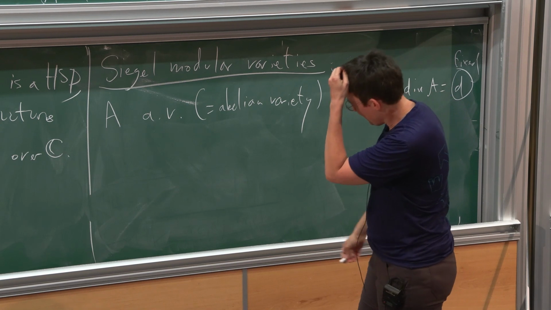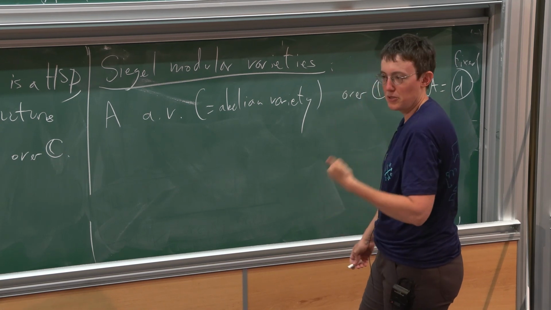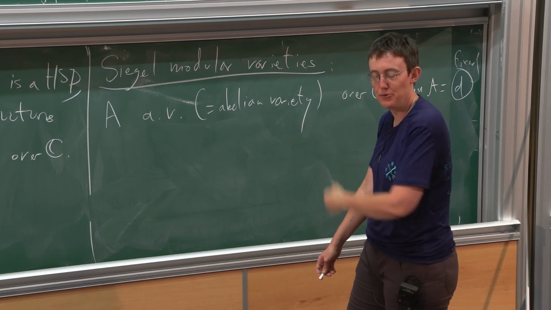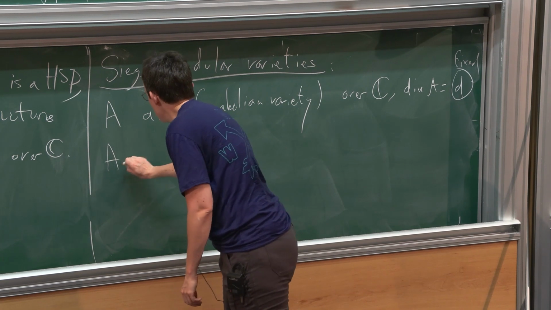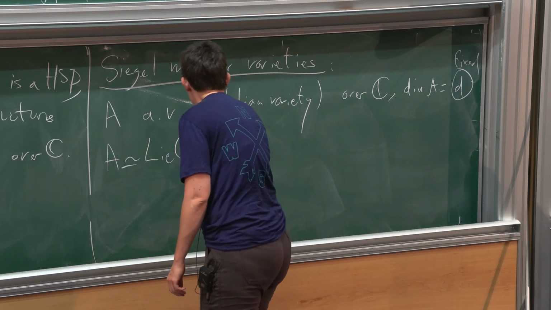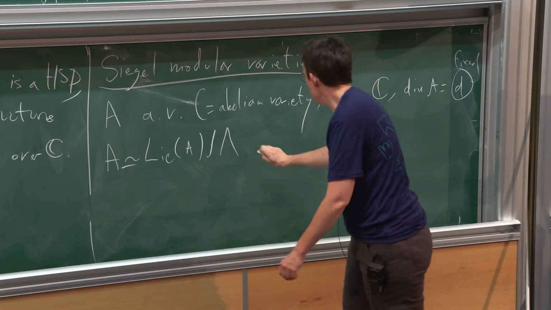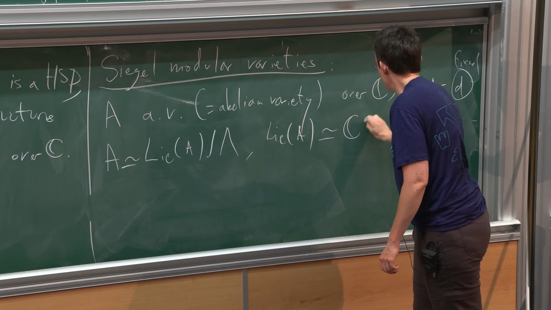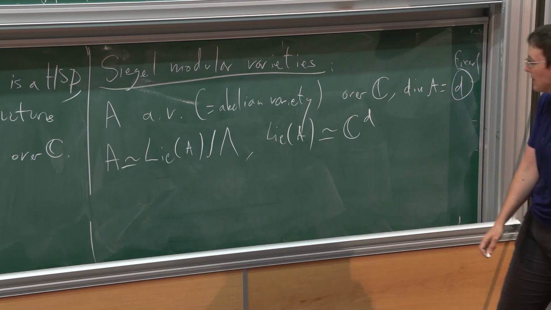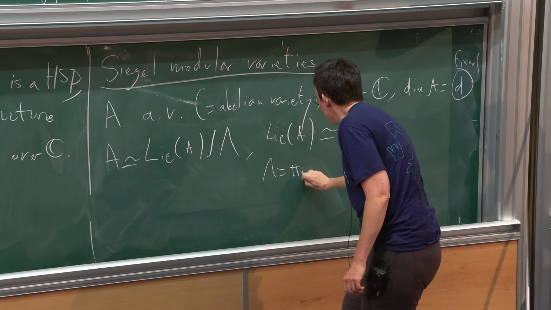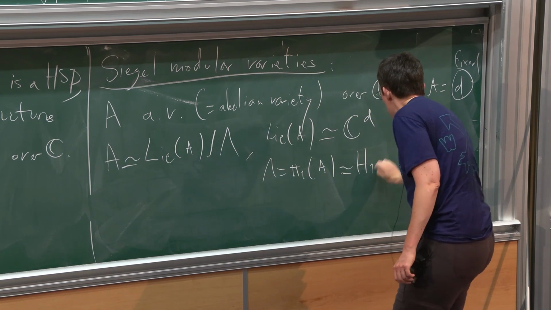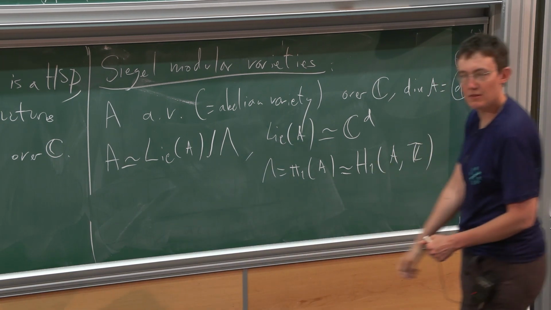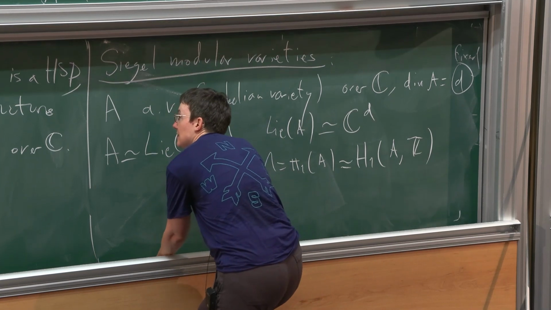Well, an Abelian variety over C is in particular a connected compact Lie group, so the exponential map from its Lie algebra is a universal cover. So A is isomorphic to Lie(A) divided by some lattice Lambda. Lie(A) is a commutative complex Lie algebra, isomorphic to C^d, and Lambda is pi_1 of A, which is also H_1 of A with integer coefficients.